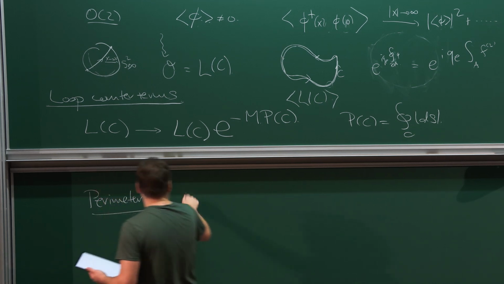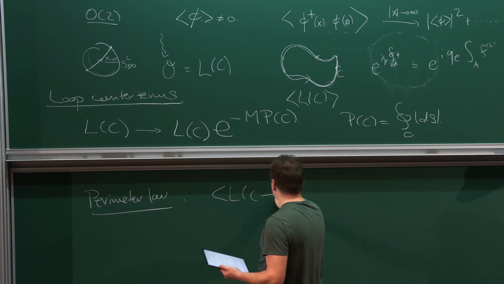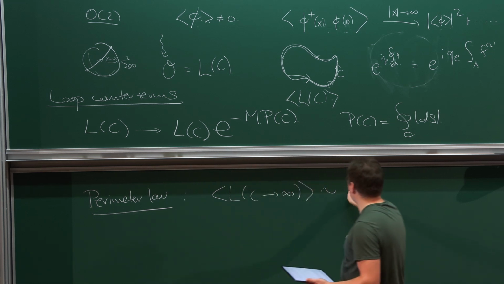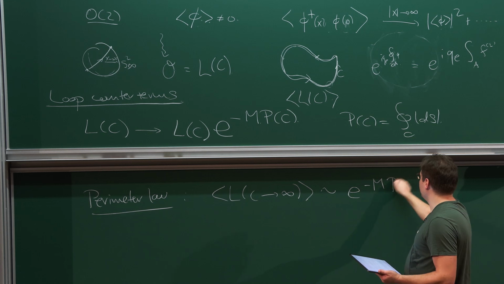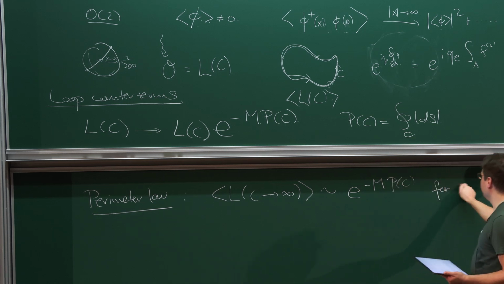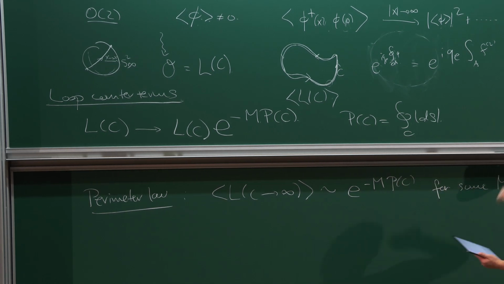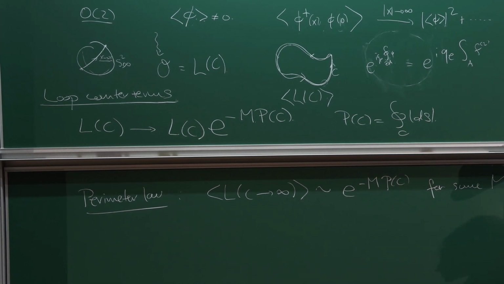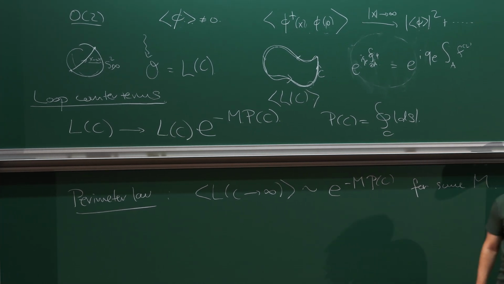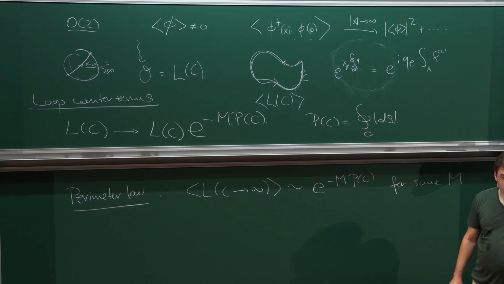If the large loop behaves like e to the minus mP for some m, then it's equivalent to saying that there's a scheme in which the loop has a non-zero VEV.